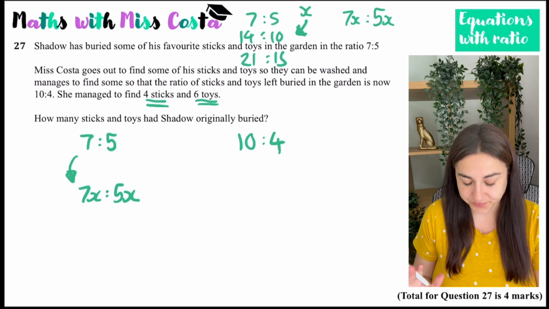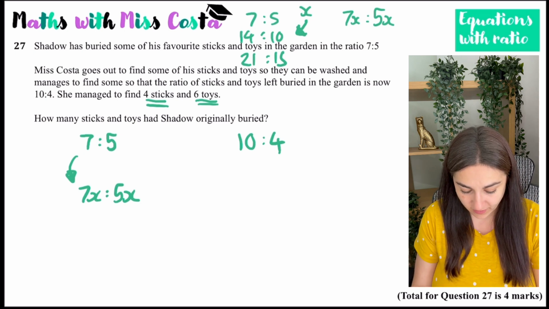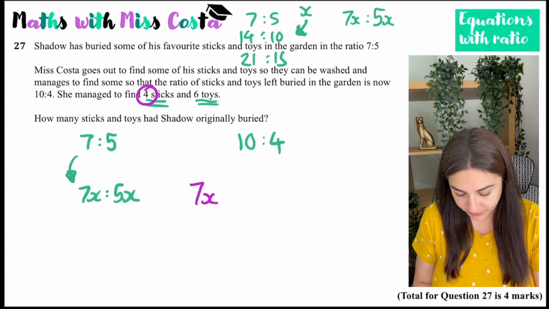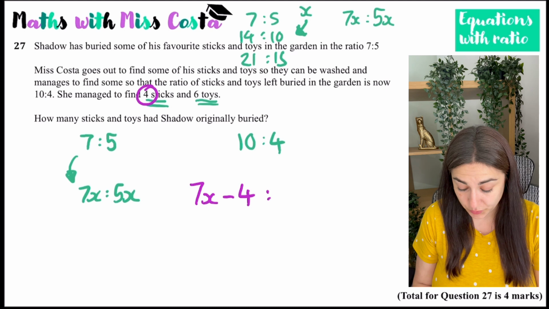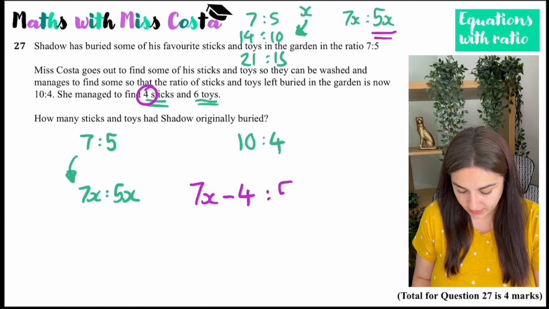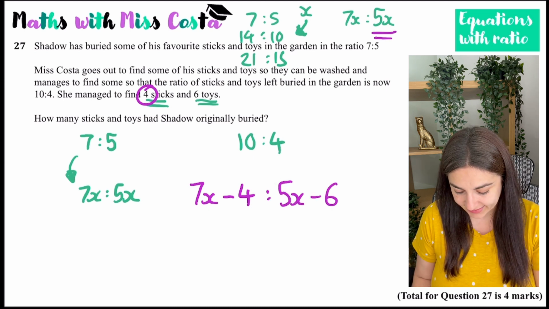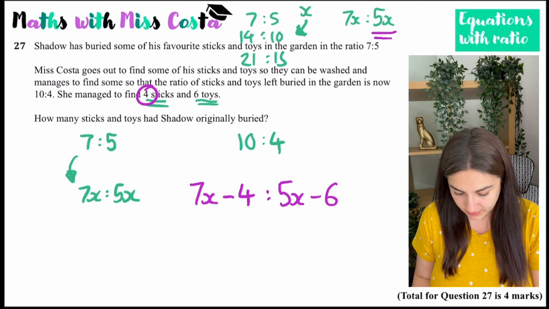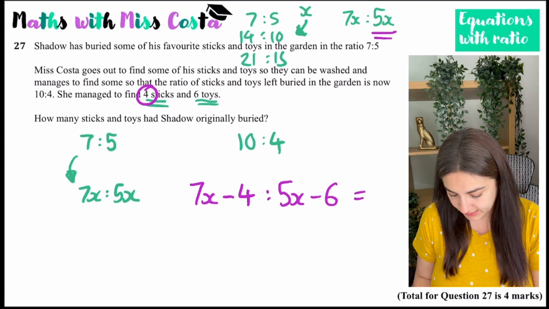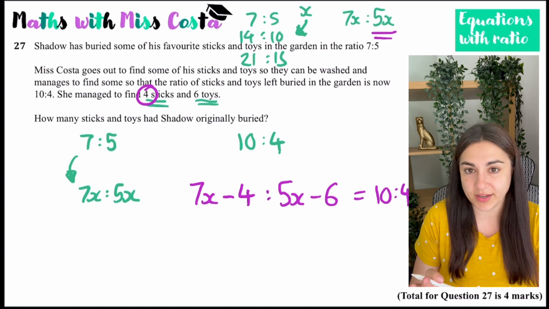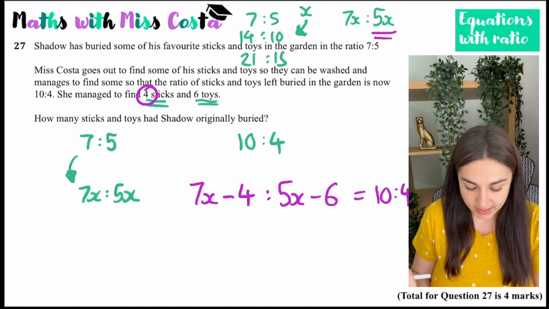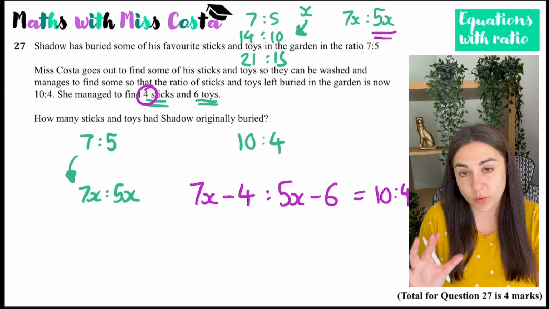And now what has happened is I have managed to find 4 sticks. So however many sticks there originally were, there's now 4 less. And however many toys there originally were, there is now 6 less. And that makes the ratio 10:4. Now, when you've got 2 ratios that are equivalent, you can form equations.